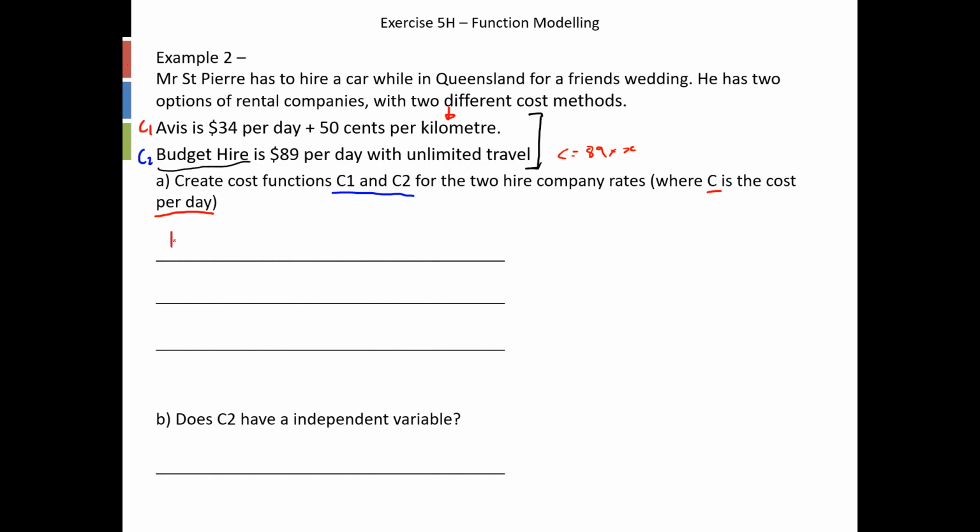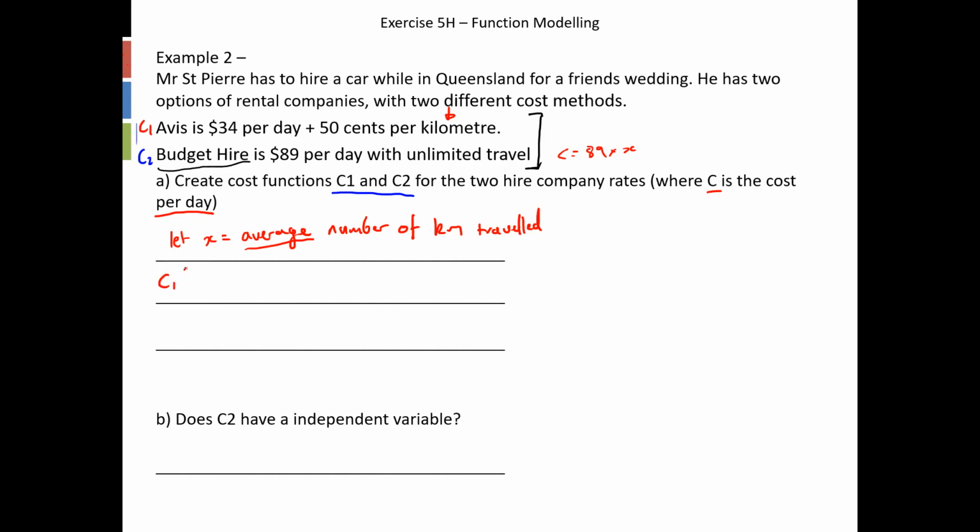So let's let X equal the average number of kilometers traveled. This is a big thing, average, because we want to average out over the whole trip. Cool. So let's build C1.